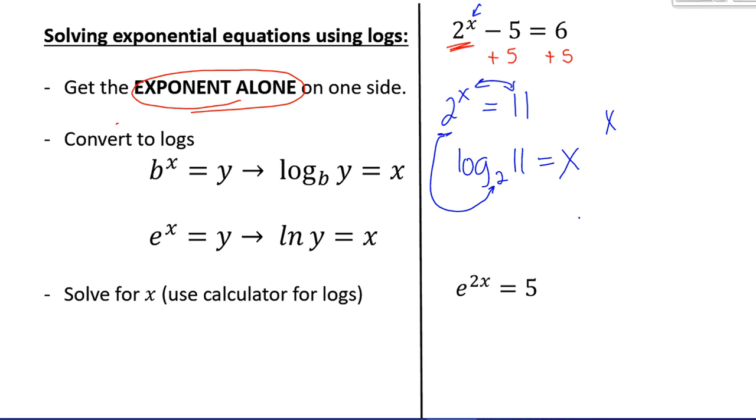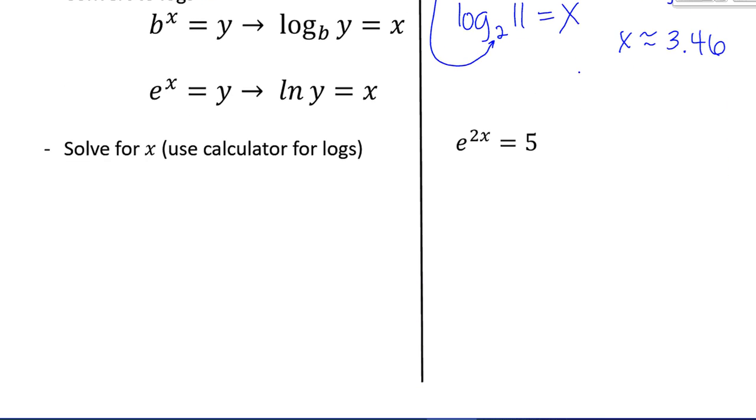So what I have right now is that x equals the log base 2 of 11. And from that point, you can pop it into your calculator. It will give you that value, and that's being solved for x. Rounding to 2 places, that's about 3.46.